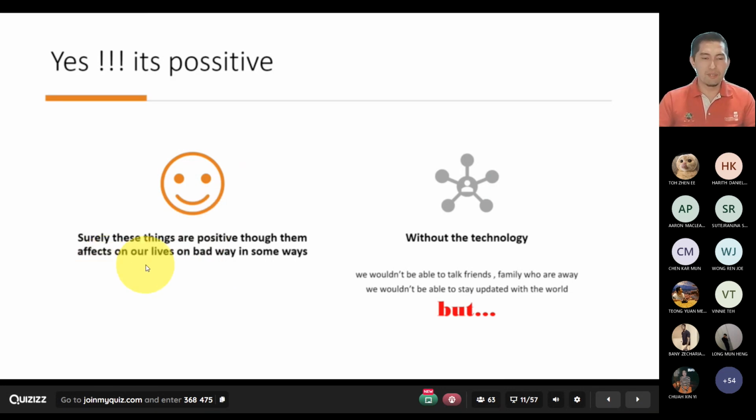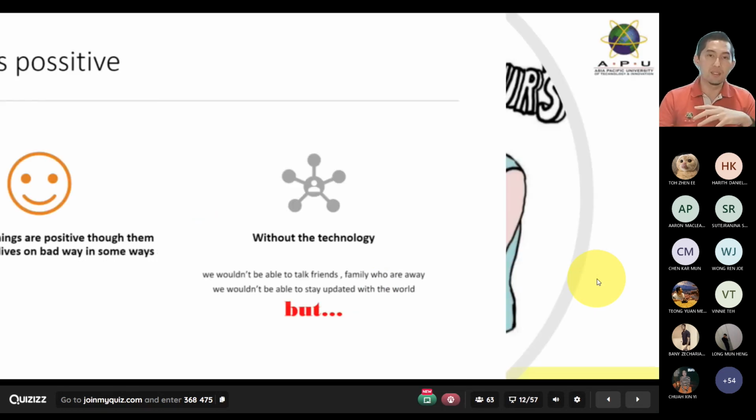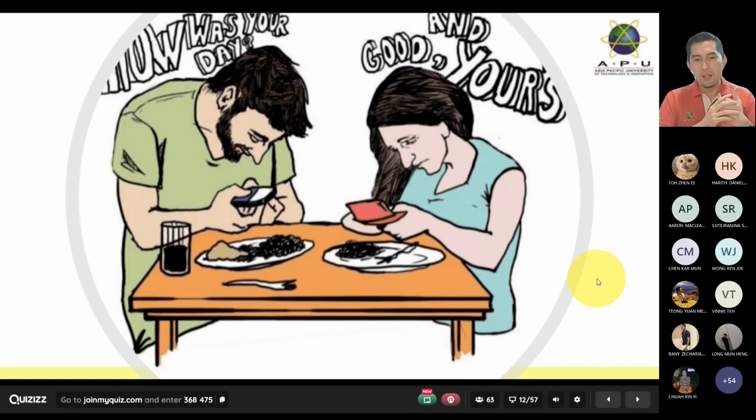Surely these things are positive. Through them, there are effects on our lives in bad ways, in some ways, in many different ways as well. Not forgetting that without technology, there are many different aspects that we would be losing out on as well. As much as we are highlighting how technology has affected those different parts of our lives, for most of us living in the current context and environment today, this is not surprising anymore.